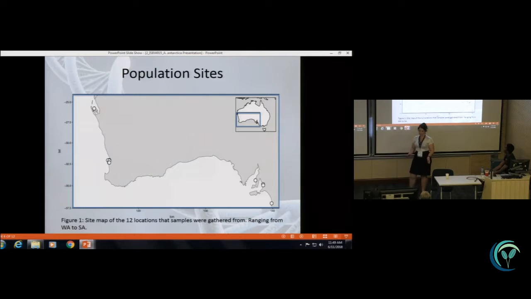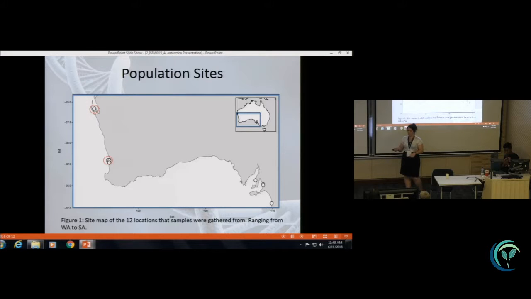So my population sites. My first population site was in Shark Bay in Western Australia. This is approximately 700 kilometres north of Perth. And then I had 7 population sites in the Perth metropolitan area. These stretched along 40 kilometres of coastline and extended as far out as 20 kilometres off the coast to Rottnest Island.